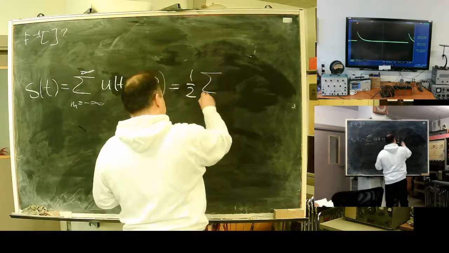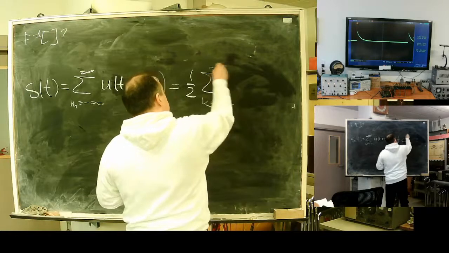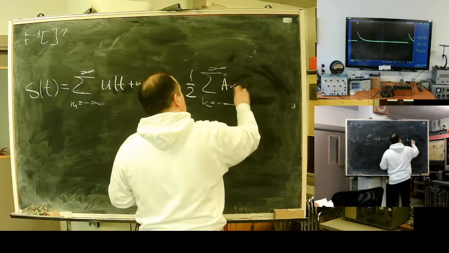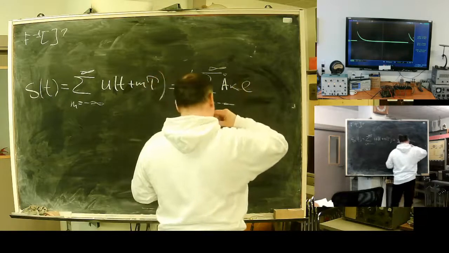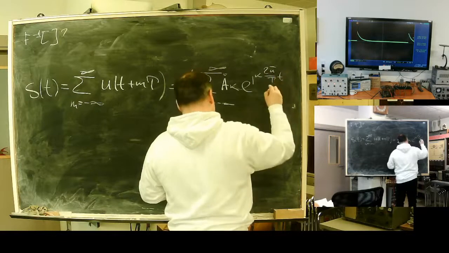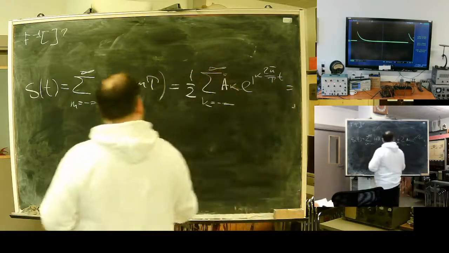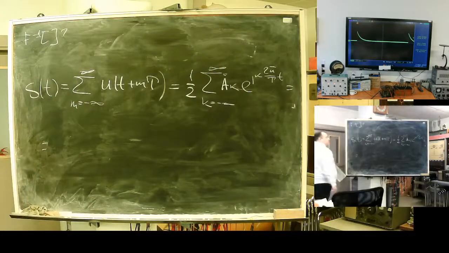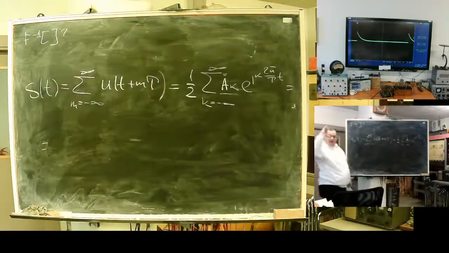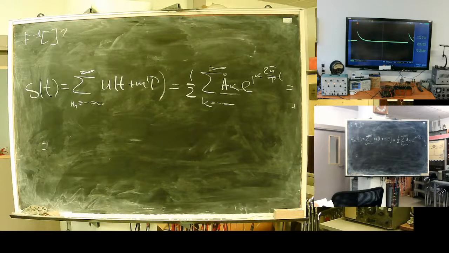It will be 1/2 sum from minus infinity to infinity, A power J k. It's a classic Fourier rule in a complex form. But values of harmonic factors or coefficients can be found as values of spectral functions.